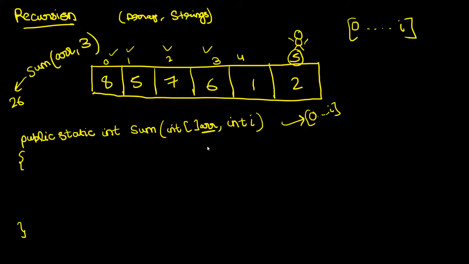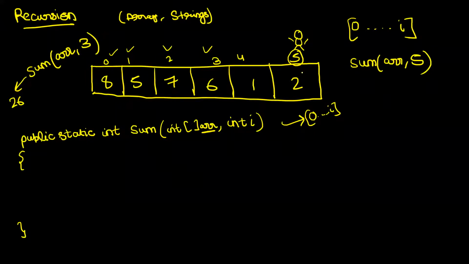So first of all, what is my bigger problem that I have to solve? What is the final problem that I have to solve? The final problem that you have to solve is sum ARR comma 5. That is, give me the sum of all the array elements from index 0 till index 5.